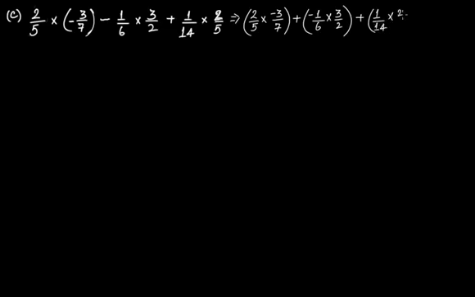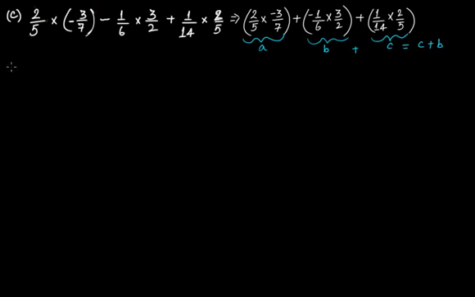times 2 over 5. Now think this is A, this is B, and this is C. This is actually B plus C. Applying commutative property of addition of rational numbers, this becomes C plus B. This is actually equal.